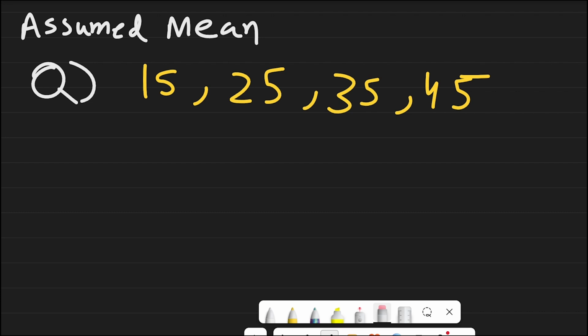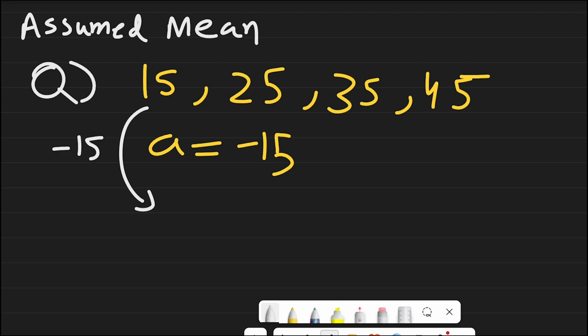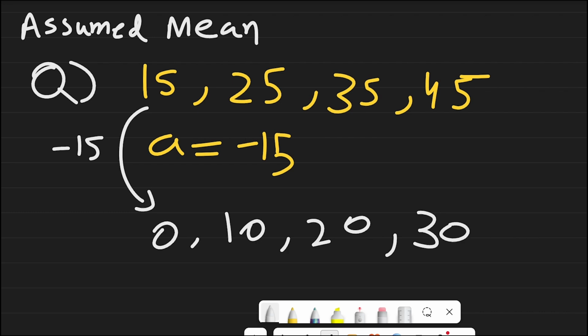So what if we simply assume A is equal to 15, which means that we are subtracting 15 from all these values. So 15 minus 15 would be 0. 25 minus 15 would be 10. 35 minus 15 would be 20, and 45 minus 15 would be 30. Okay, so now it's simpler.